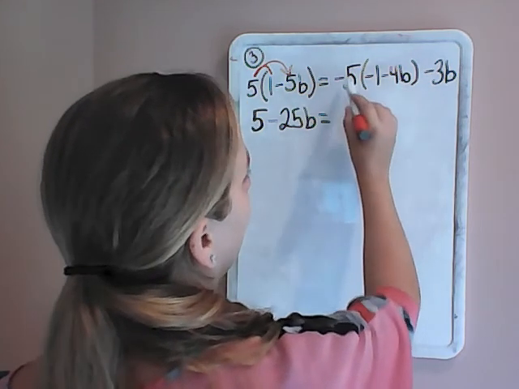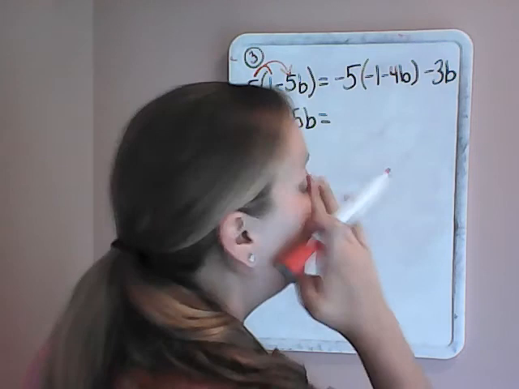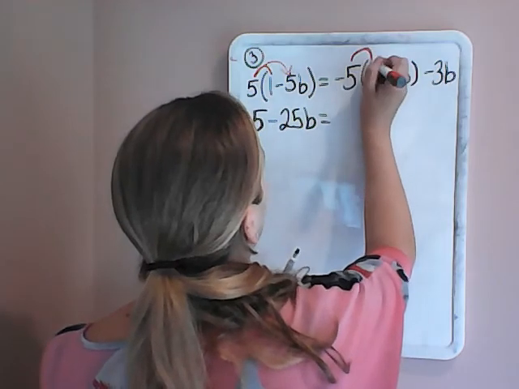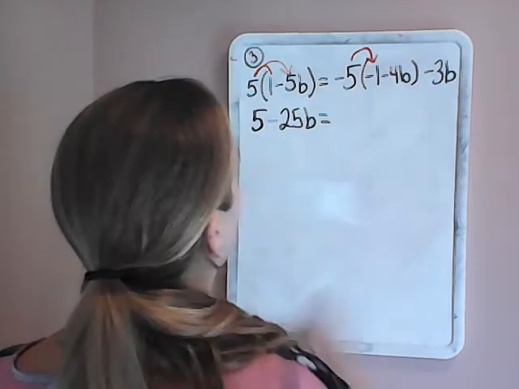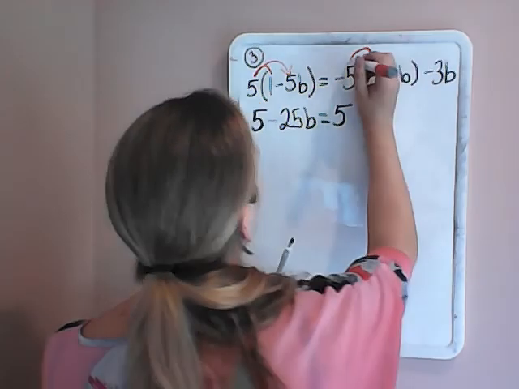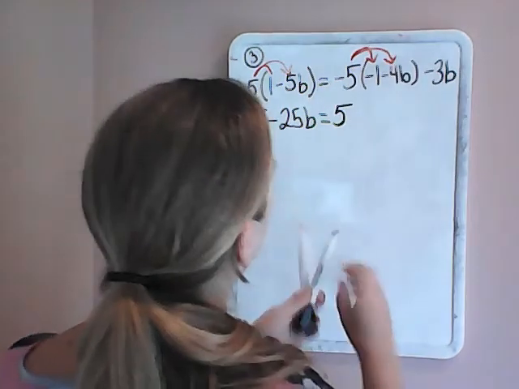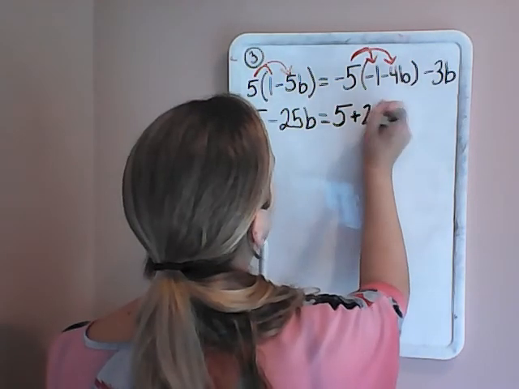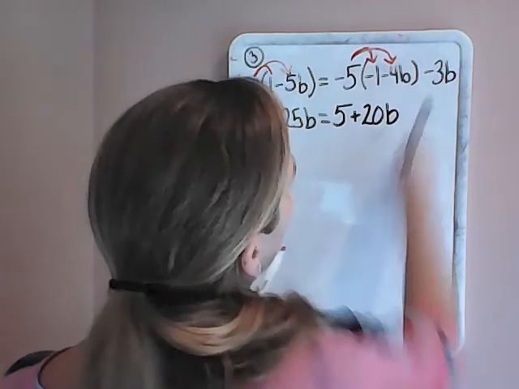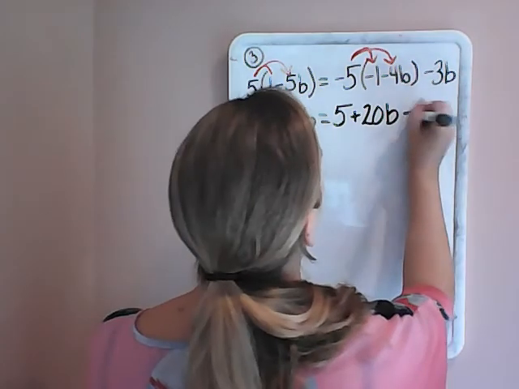We are not bringing this 5 over here to the 3b because it's outside the parentheses. Only inside. So negative 5 times negative 1 is 5. Negative 5 times negative 4b is positive 20b. And then this just comes down. We didn't do anything with it yet.